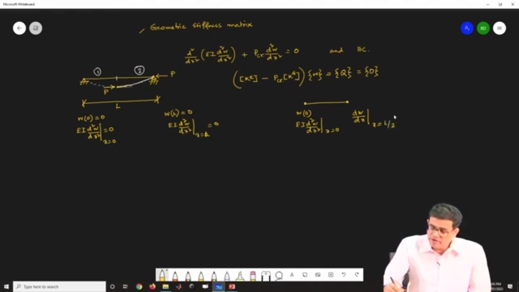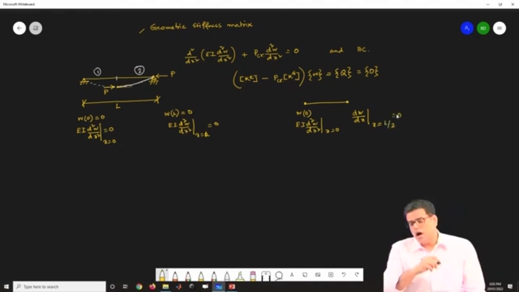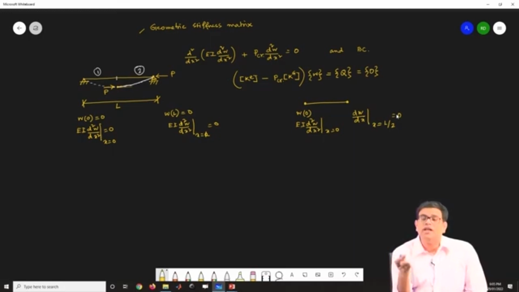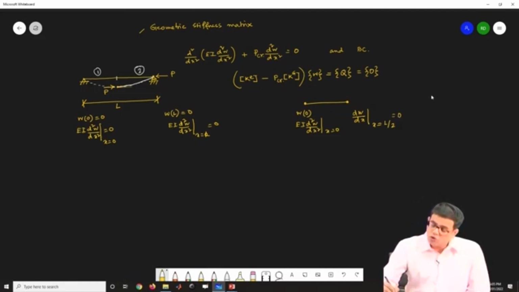So, this will be 0. Now, to compare this frequency with respect to the critical frequency, I have to know the exact critical load of this beam.